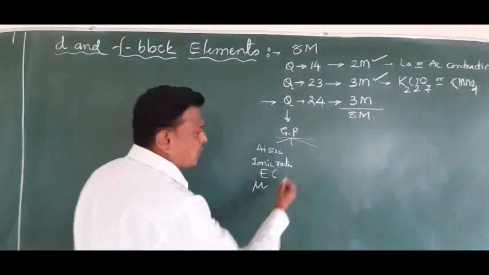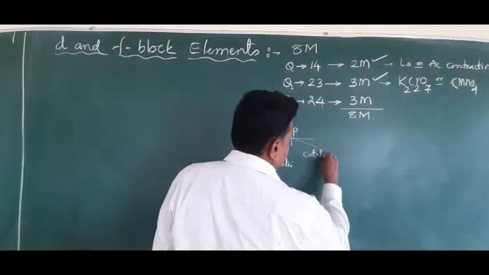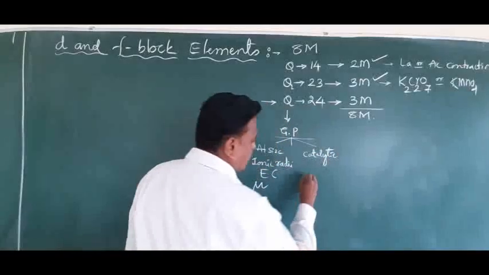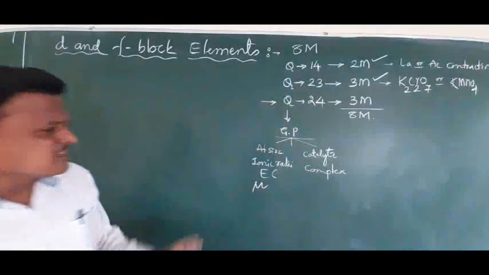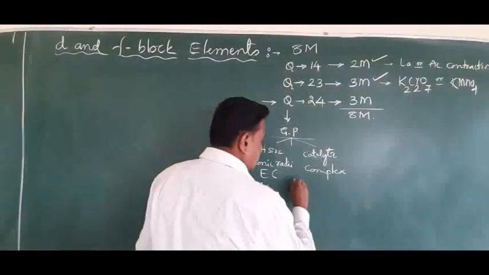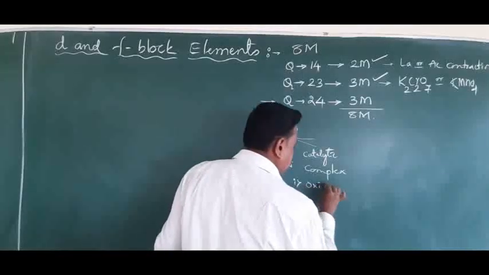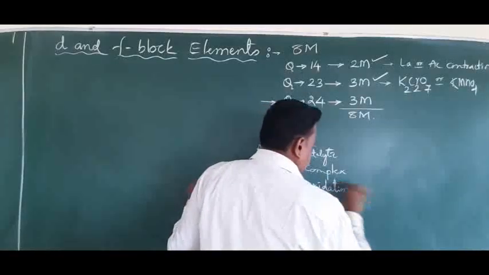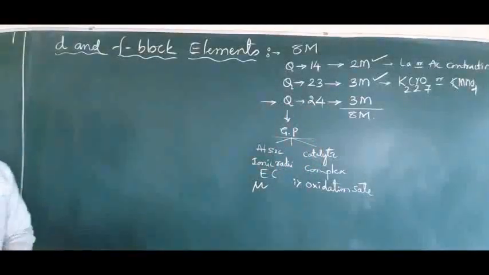Along with this, why they have catalytic property, why they form complexes called coordination complexes. These are the different general properties. And one more very important general property of these compounds is oxidation state. It's a fixed question: why D block elements have variable oxidation state.